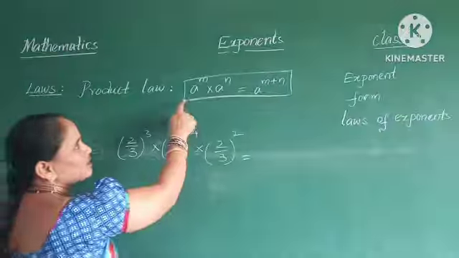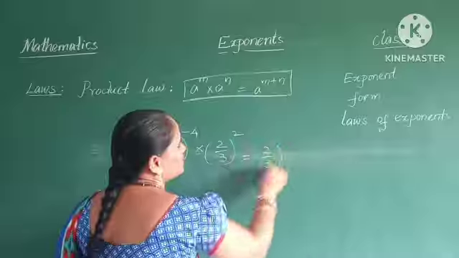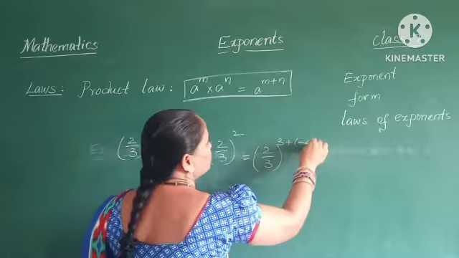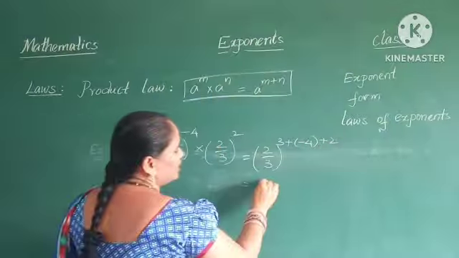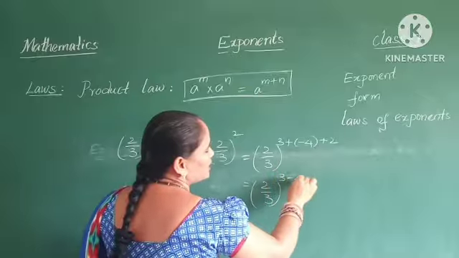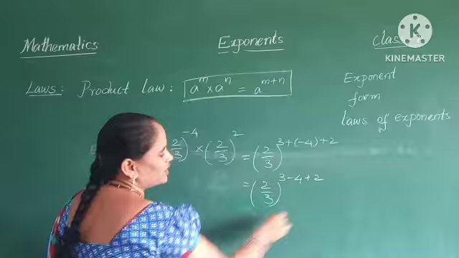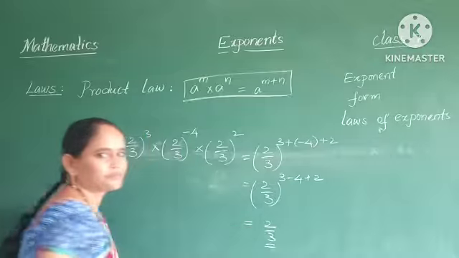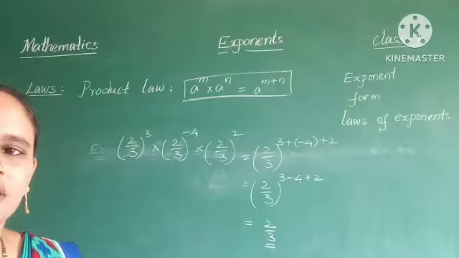Then we have to use product law here. Add the powers. 3 plus of minus 4 plus 2. 3 minus 4 is minus 1, plus 2, it is 1. So 2 by 3. Is it clear? Have you understood this?